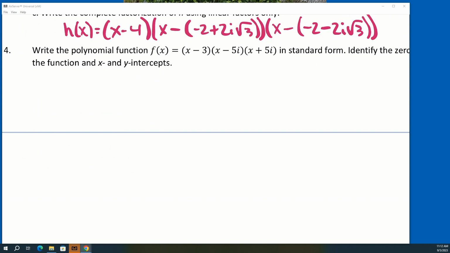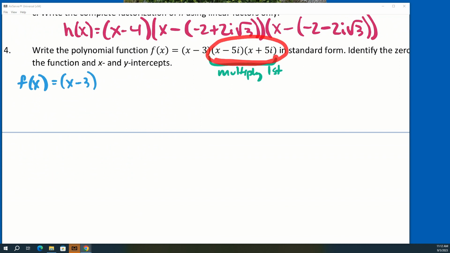Anybody have an opinion? The i's, yeah. Let's definitely multiply these first. There's a couple of reasons. When we multiply that and simplify it out, we're going to get rid of the i's, which is just going to make it easier to work with. But those are also special binomials.